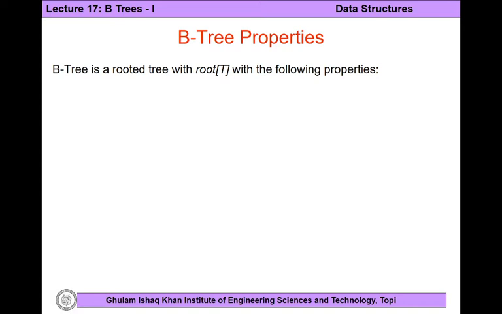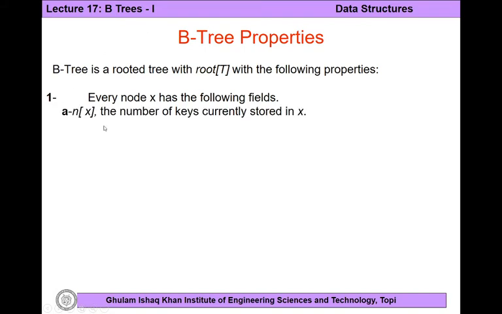Now, a B tree is a rooted tree with the following properties. One, every node in the tree will have the following properties. But again, let me tell you some good news before going into the details. We are not doing any code of this B tree.